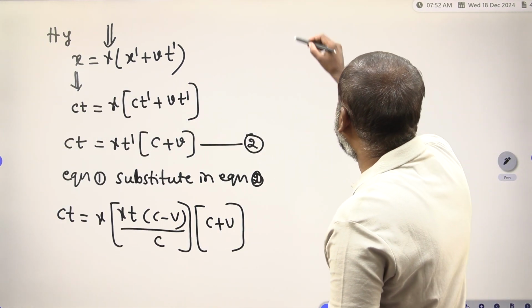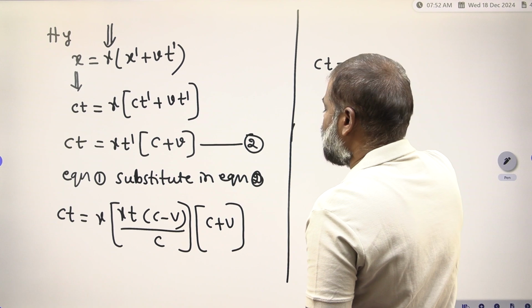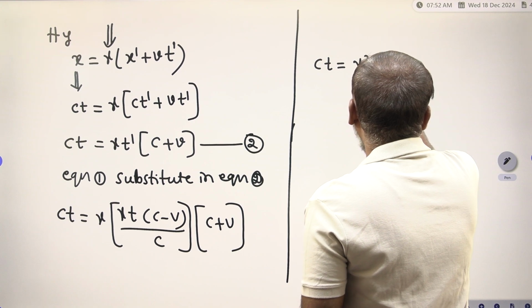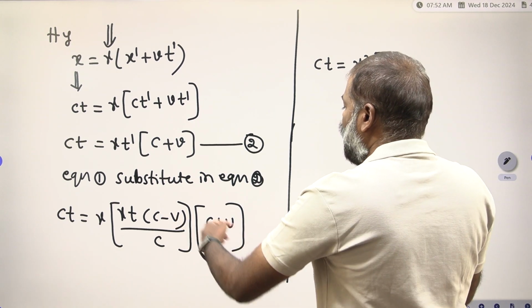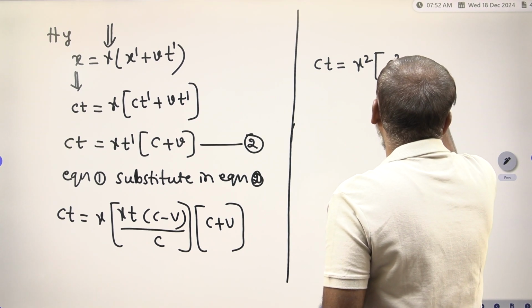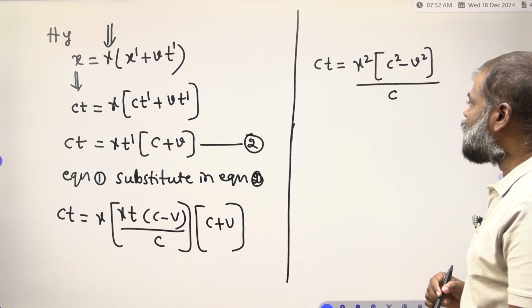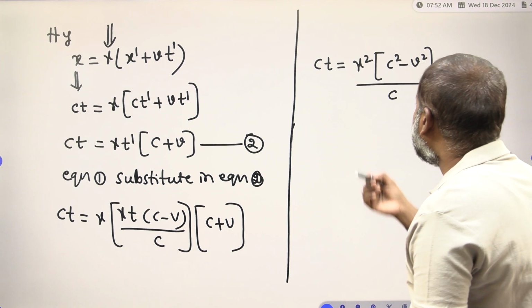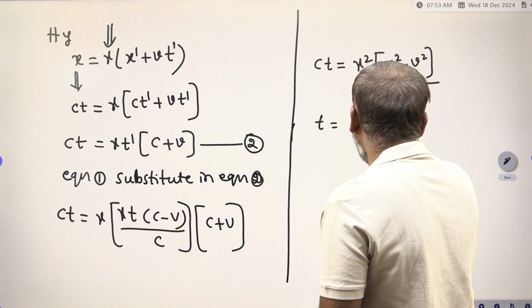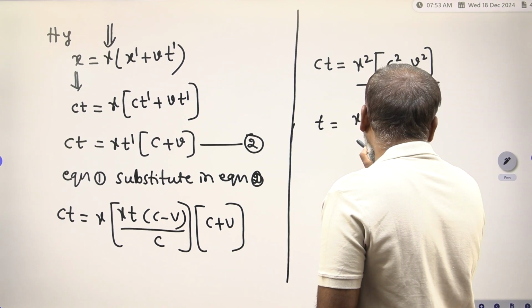How we have to simplify? Once you see here, c into t is equal to gamma into gamma, gamma square. Here c minus v into c plus v is equal to c square minus v square divided by c. So, therefore, t you have to bring to this side, gamma square into c square minus v square divided by c square.